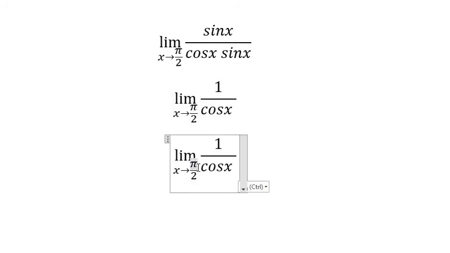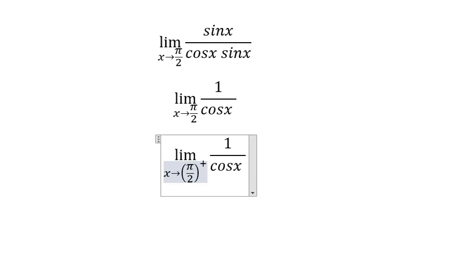For the limit on the right, when x approaches pi over 2 on the right, you get a negative number when we put it inside cosine of x. But this one you get number 1, which is a positive number.